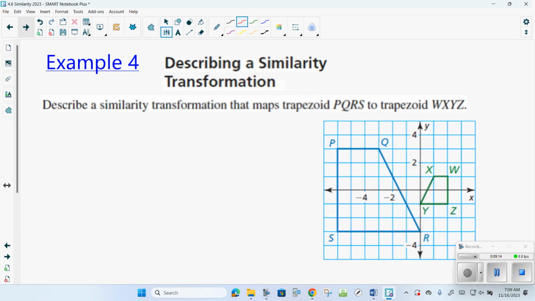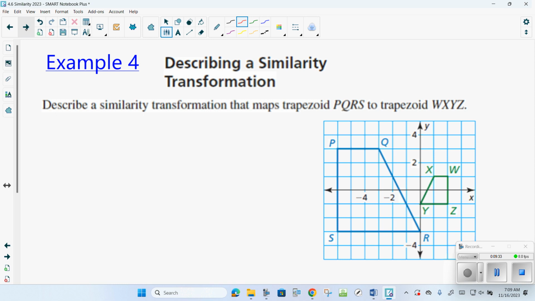Next question. Describe the transformation. This is a little bit more complicated. Instead of me actually asking you to do a transformation, I am asking you to describe a transformation.